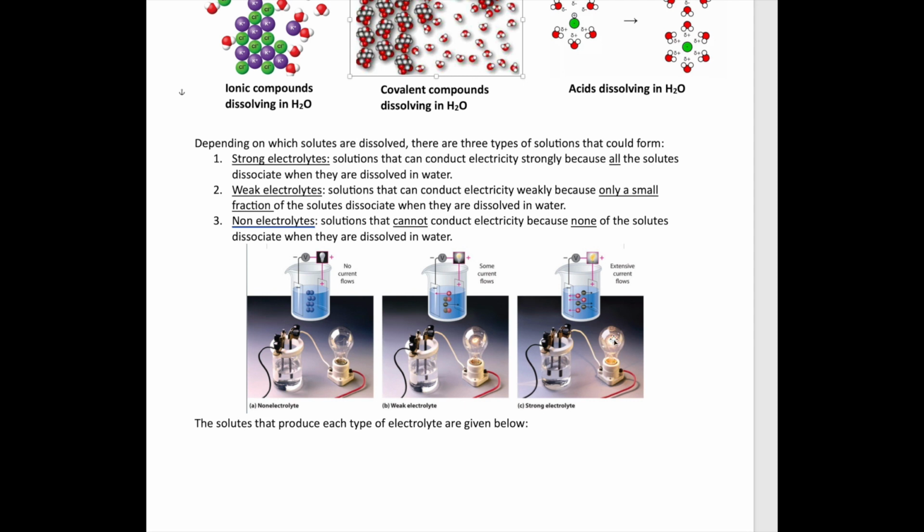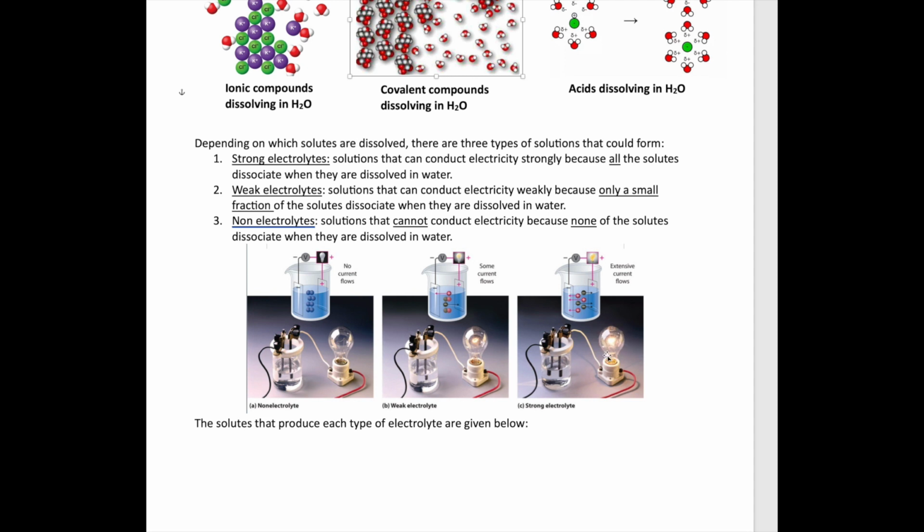When they don't form a circuit, then the light bulb will not turn on. When I put them in here, a circuit is formed, but the only reason the circuit is formed is because the electron is able to move from one side of the wire to the other side. In order for the electrons to do that, it has to go through ions. So unless you have ions in your solution, your light bulb is not going to turn on.